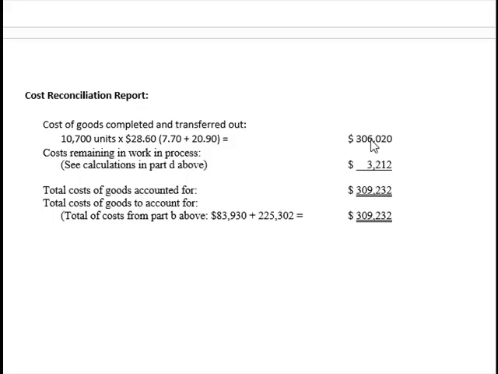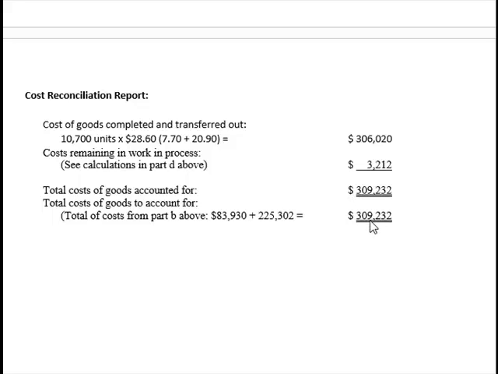And on the previous page, we had figured out that this amount was the cost of the goods that we completed and transferred out. And this figure represents the total cost in ending work in process. So we're simply going to add these together to get this amount. And so we've accounted for all of the costs. In other words, we've explained where all of this money went.